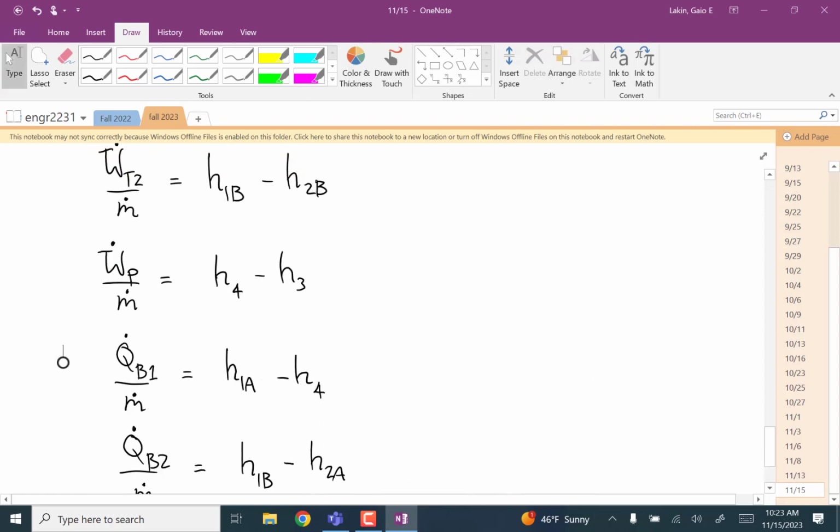And just like before, because of the incompressibility of the fluid through the pump, we can represent this as V3 times P4 minus P3.